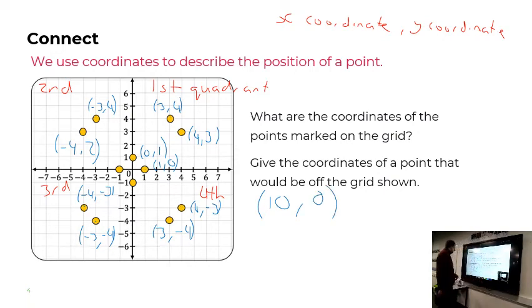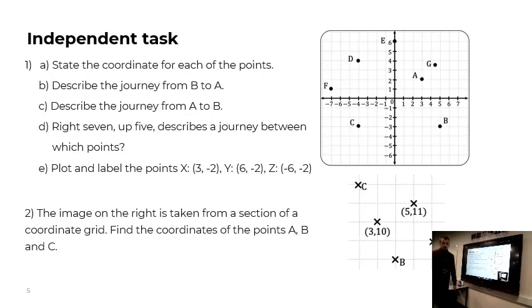For the y values, we've got negative 7 to 7, so as long as it's outside the range, your x value could be anything you like. I'm going to call it 5. My y value, let's go for 10. These points are examples of points which are off the grid, and there are many. If you've got alternative solutions, feel free to send them to me. Now pause the video and have a go at these questions.